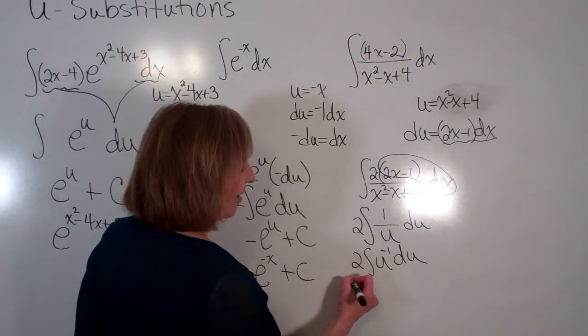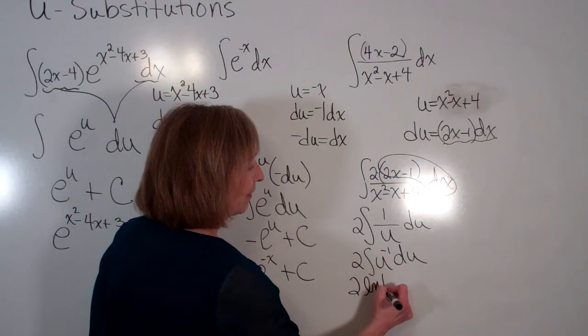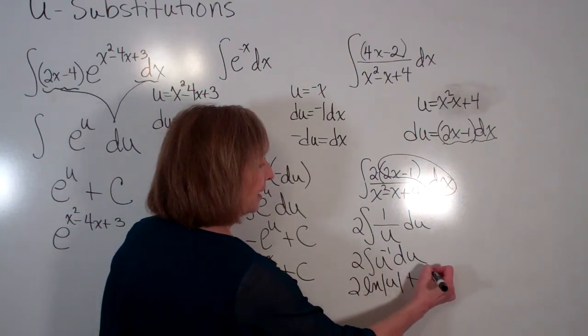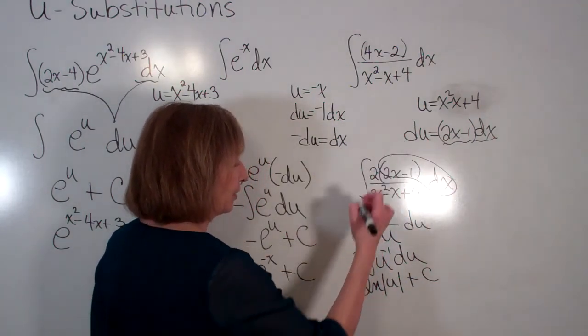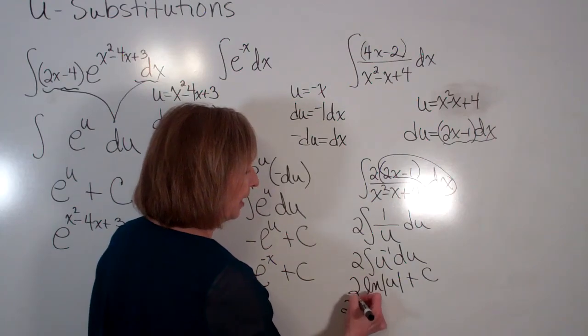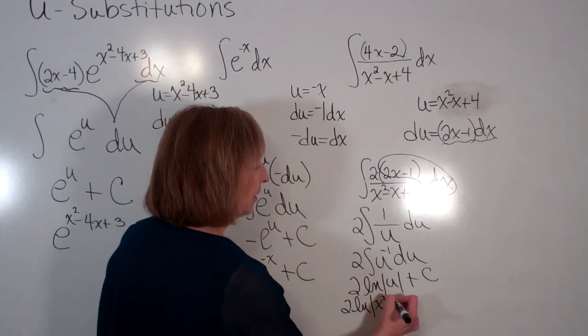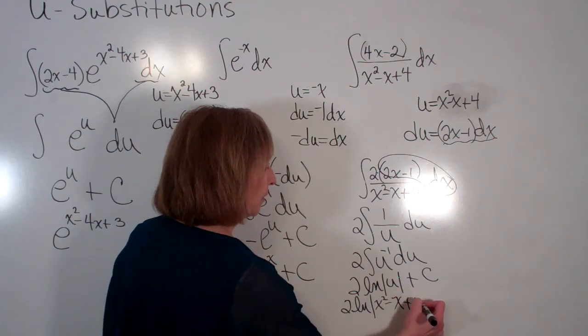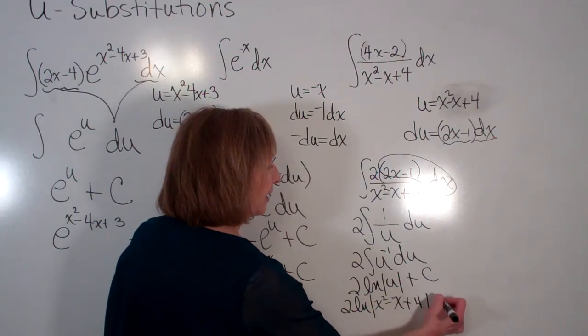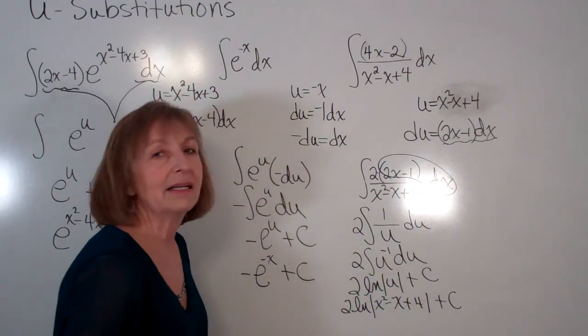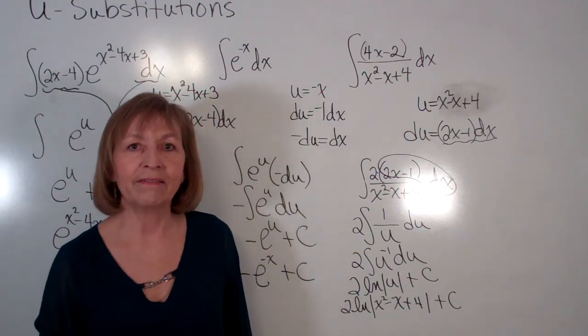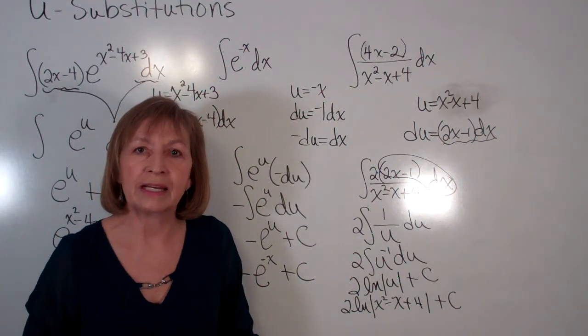So here I have 2 times the natural log of the absolute value of u plus c, and then go back to your expression in x's. So it's 2 times the natural log of the absolute value of x squared minus x plus 4, and then after that plus c.